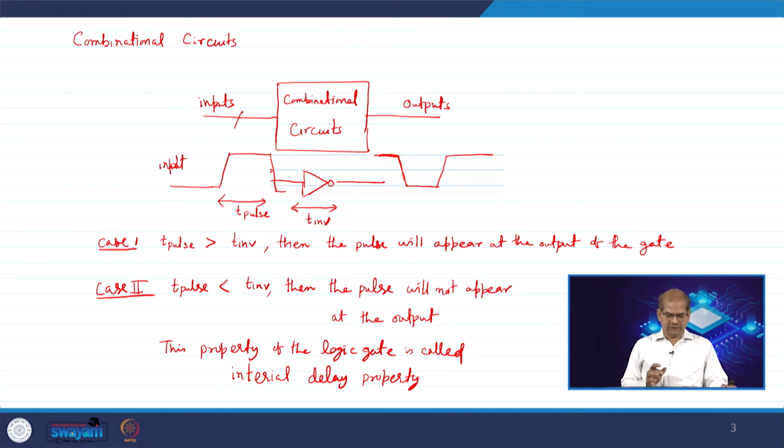The width of the pulse, this is your pulse width, should be greater than T inverter, the delay of the inverter, such that the pulse will appear at the output of the gate and we can measure the delay.